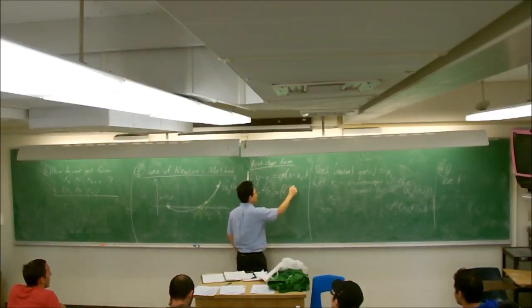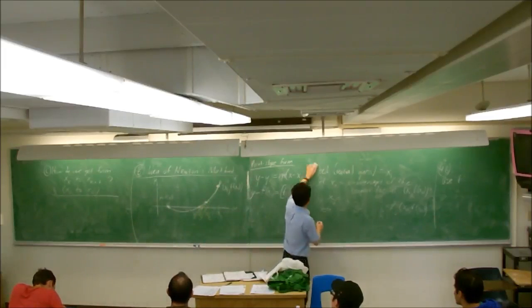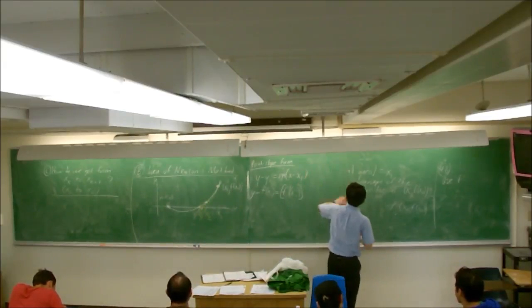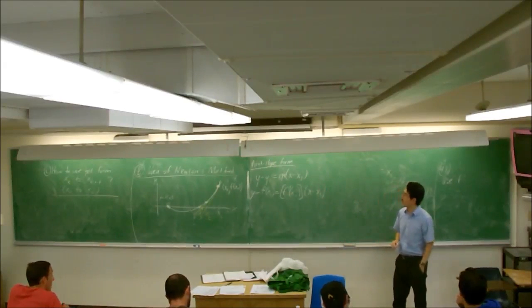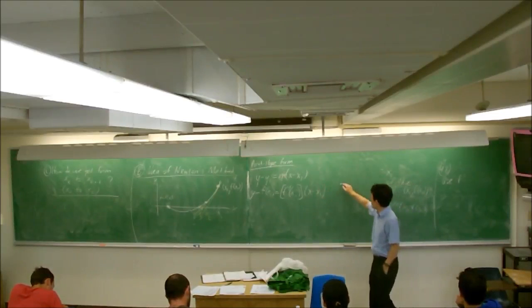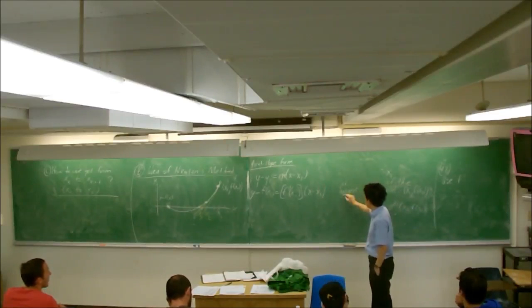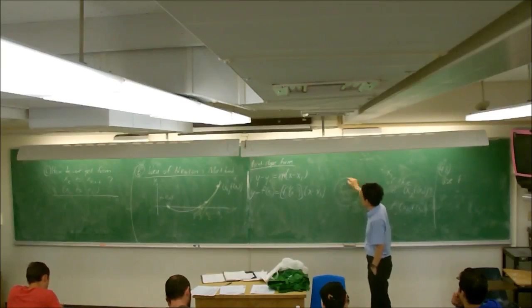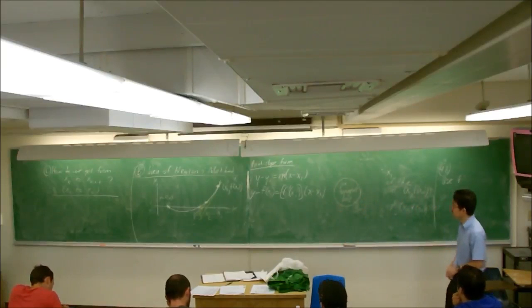It's f prime at x1, the derivative evaluated at our c, times the quantity x minus x sub 1. So this represents that first tangent line. This is the equation of our first tangent line. You all agree?